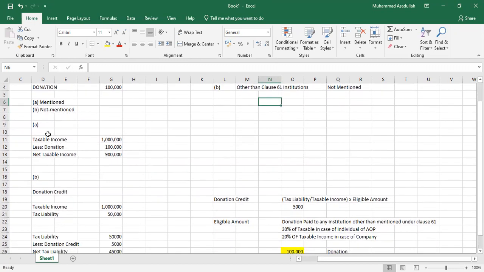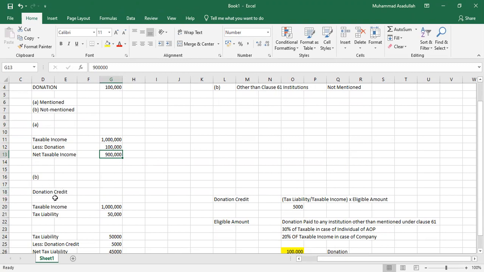So under part A, your taxable income is 1 million. You deduct the donation as an admissible deduction and get a net taxable income of 9 lakh. Now you have to calculate tax on rupees 9 lakh directly. That's it. This is all about the treatment under section 1A.